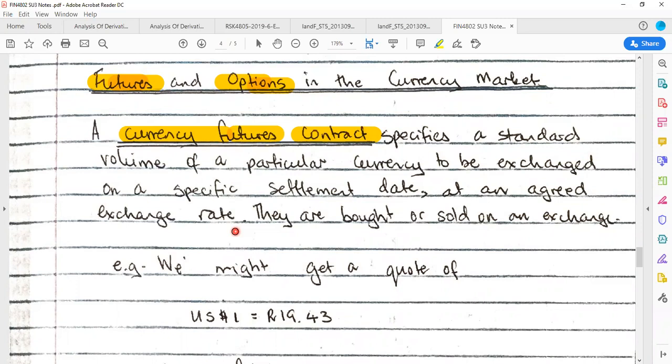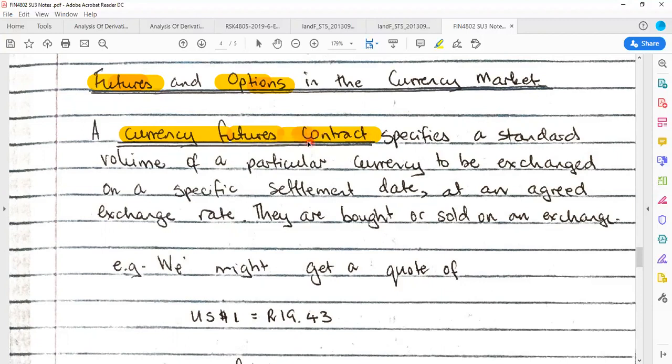It means if, let's say, for example, you're a multinational company and you expect to receive $1 million in 3 months, right? But let's say you're afraid that the US dollar will lose value against the rand, meaning when you convert those US dollars into rands. That's where a futures contract comes in, right?